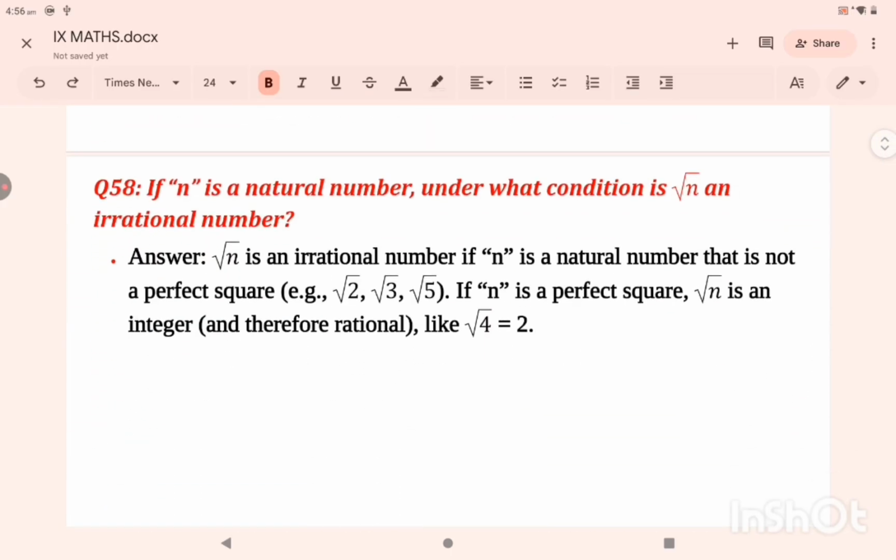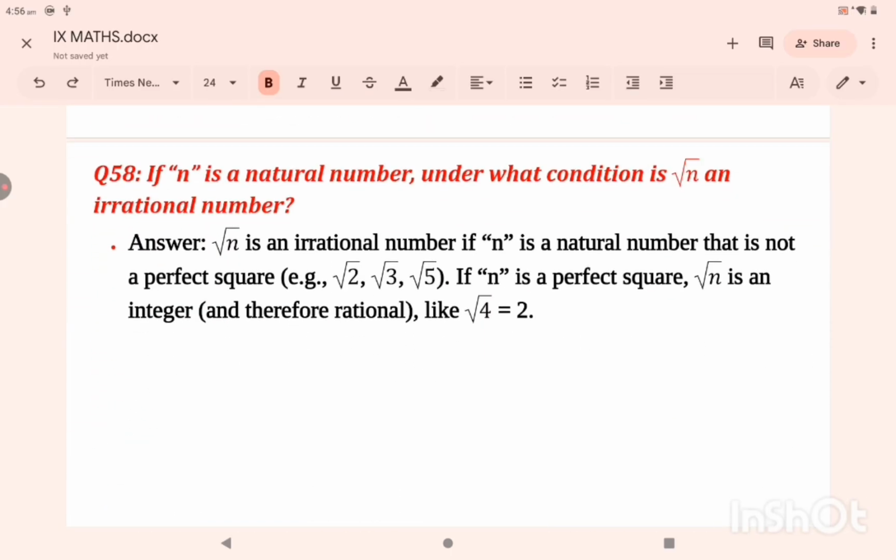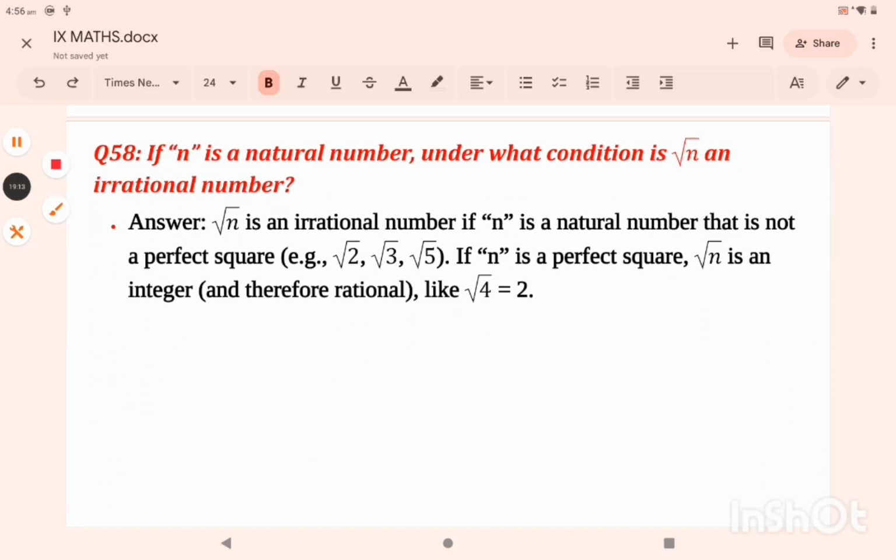Next question. If n is a natural number, under what condition is root n an irrational number?